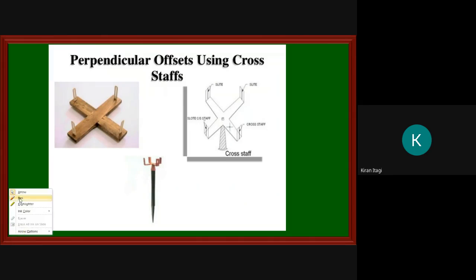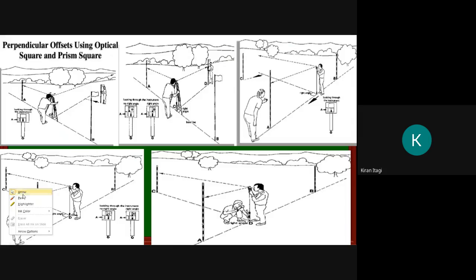Perpendicular offset using the wedge prism optical square. So the first thing we will do: this is my station A, this is my station B. First I will fix the shape on this one.